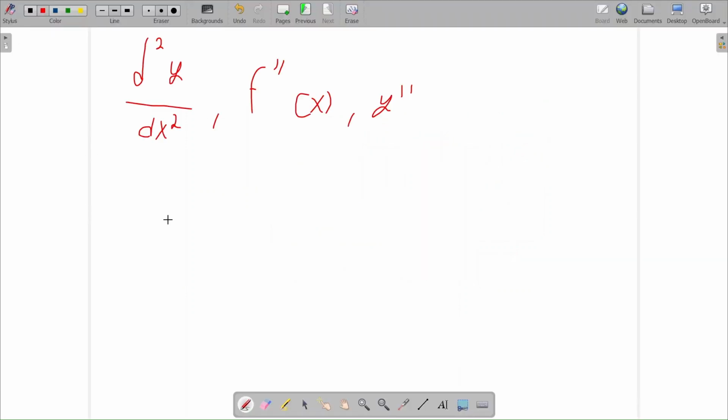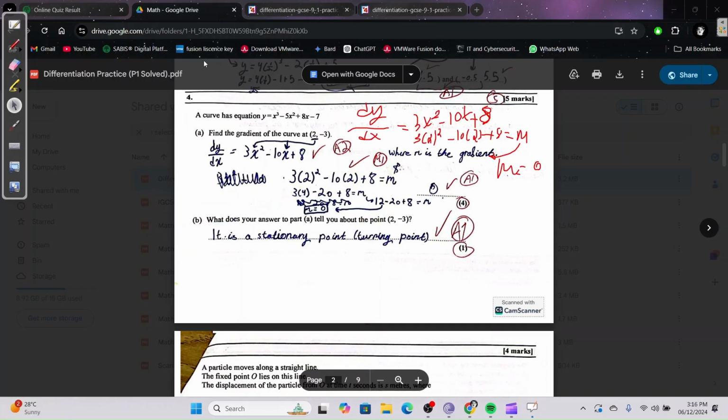Now, how do you get the second derivative? You differentiate your first derivative. So what was our dy by dx? dy by dx was equal to 3x squared minus 10x plus 8.